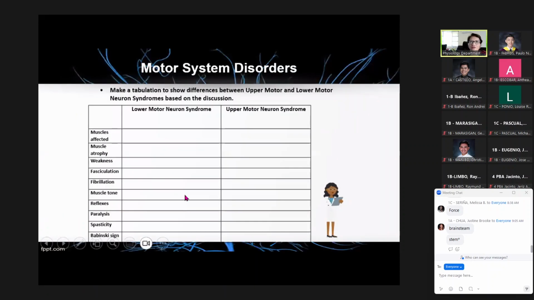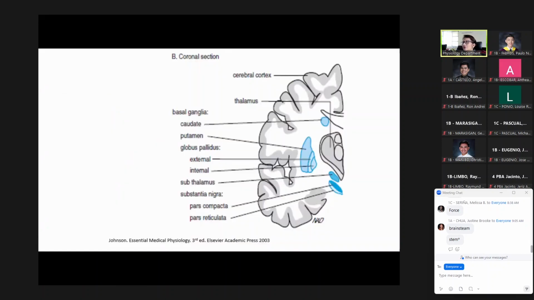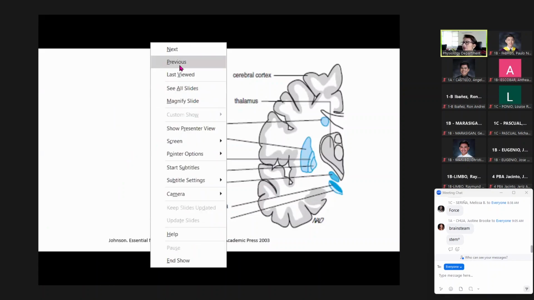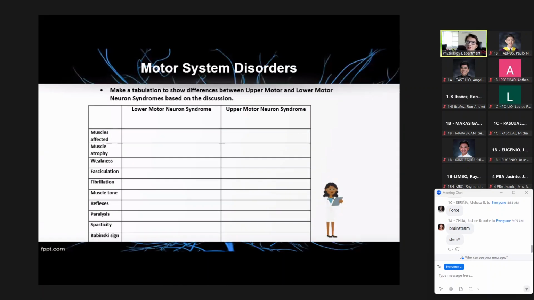Aside from those, there's more. Please answer this also. You can find the answers in the reading material that I gave you. This is very important clinically. Before you will be able to answer those, you need to understand what a lower motor neuron is and what an upper motor neuron is.